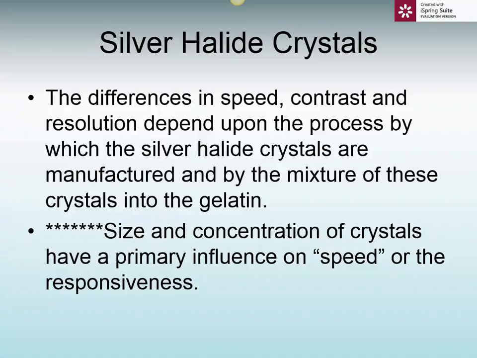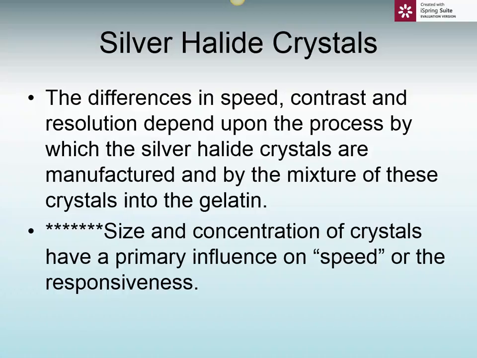Now, how this emulsion is manufactured. How big are the crystals? What is the distribution of the crystals? Do you have a lot of them? Do you have a few of them? Do we have emulsion on one side of the base only, or on both sides? All of these things are deliberately manipulated so that you can have different types of film.